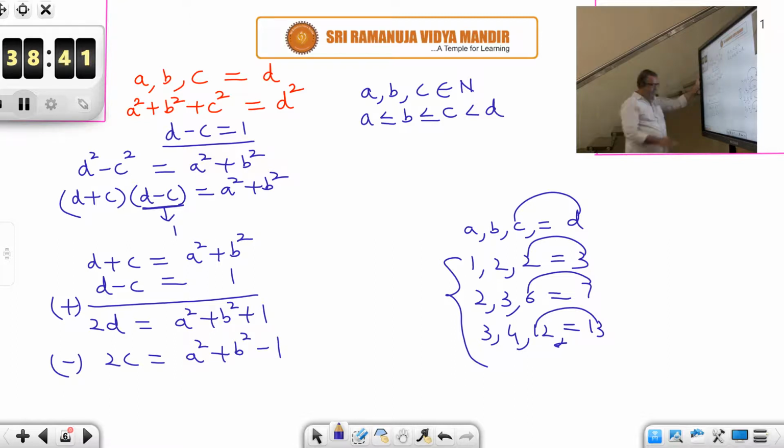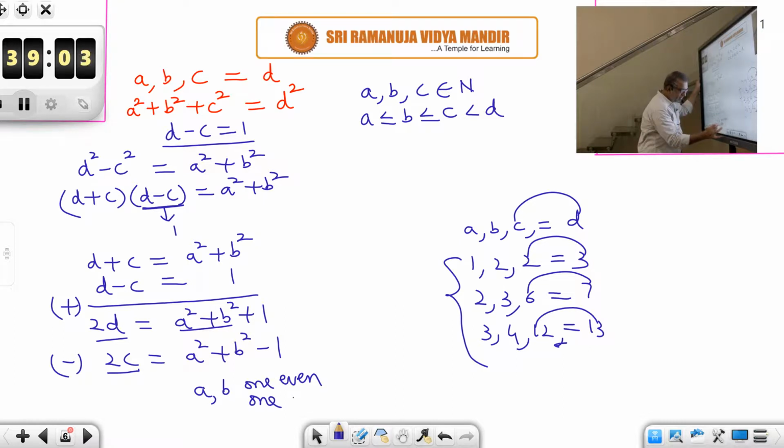Left hand side 2d and 2c are even. So right hand side also must be even, means what? Out of a and b, one must be even, one must be odd. A, b: one even, one odd.